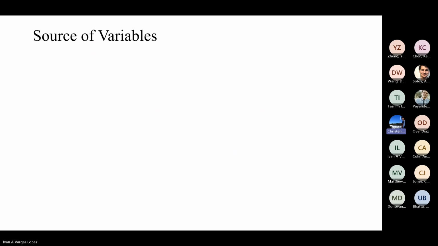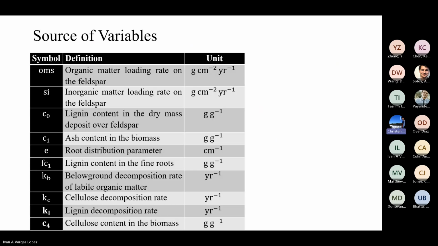So I will talk about the source of variables first. Then we'll talk a little bit about the estimation or calibration of the parameters. The organic matter loading rate on the surface and inorganic matter loading rate both are from Castaneda et al. 2024.